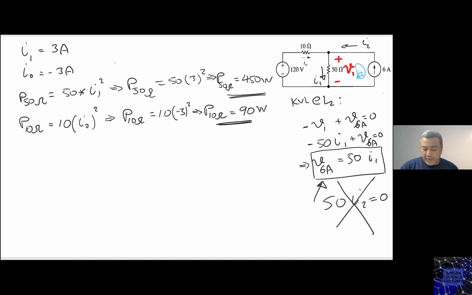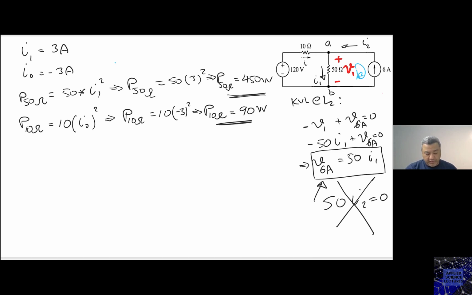Now, what about the power that is generated by the 6 ampere? If you look at the current I1, based on this assumption it is positive, which means V1 is as I have put here, right? This is positive. This node A is more positive than this node B, right?